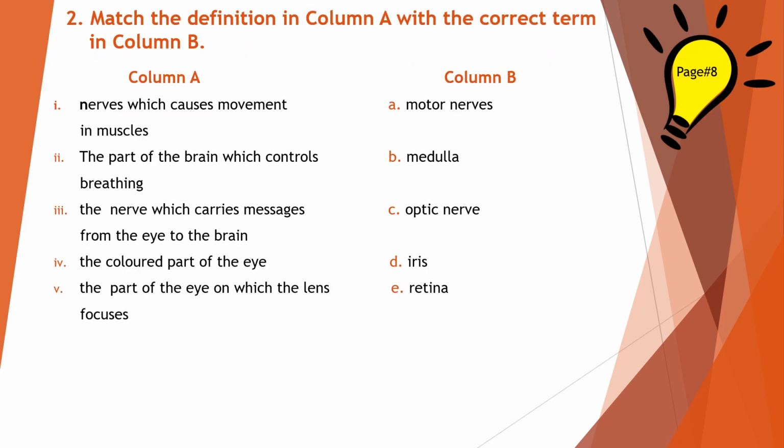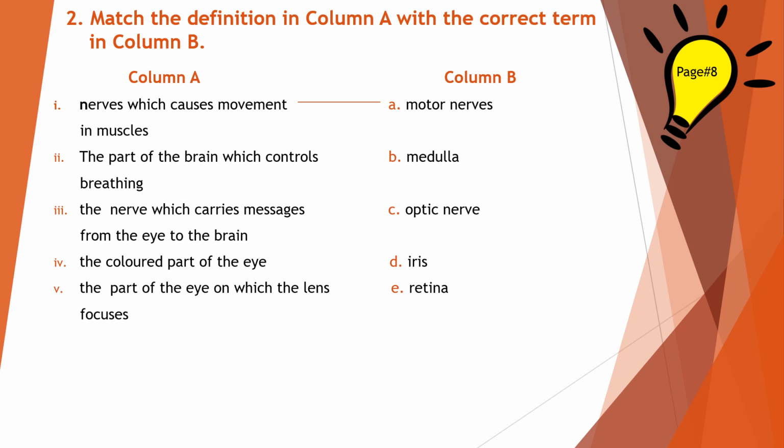Question number 2 is, match the definition in column A with the correct term in column B. Let's start. Nerves which cause movement in muscles are called motor nerves. The second definition is the part of the brain which controls breathing.